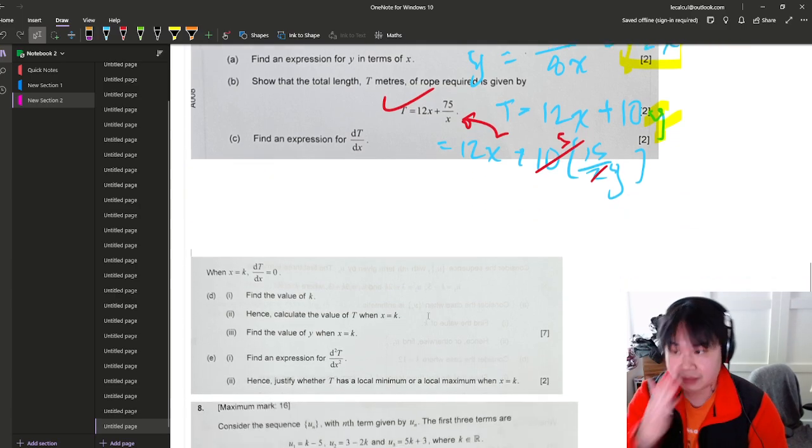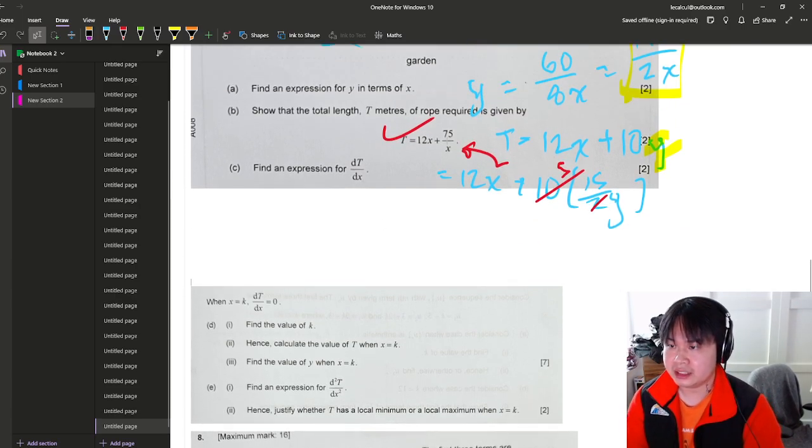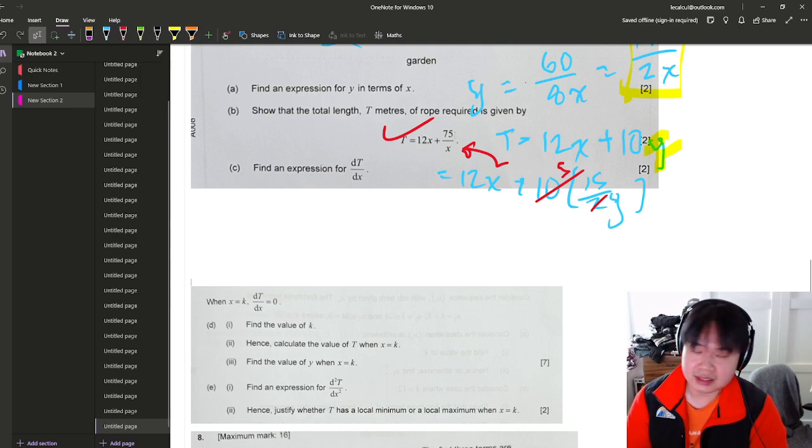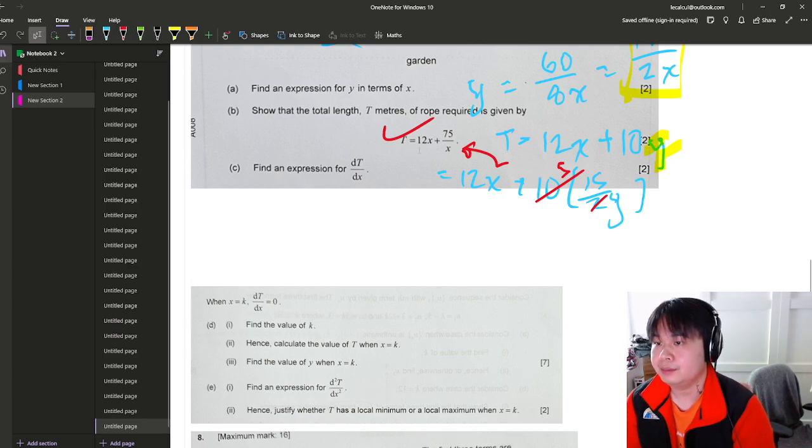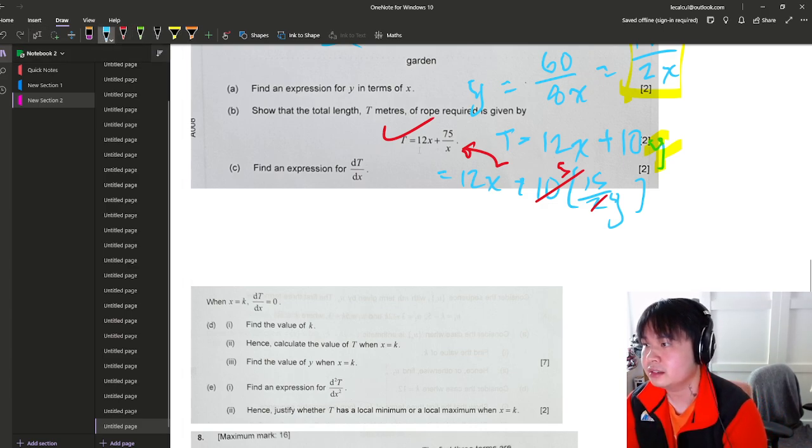Next up, find an expression for dt dx. So we're going to take the derivative of this. And then again, they're nice because if you didn't know how to get t from part B, you can still take the derivative of t. Okay.